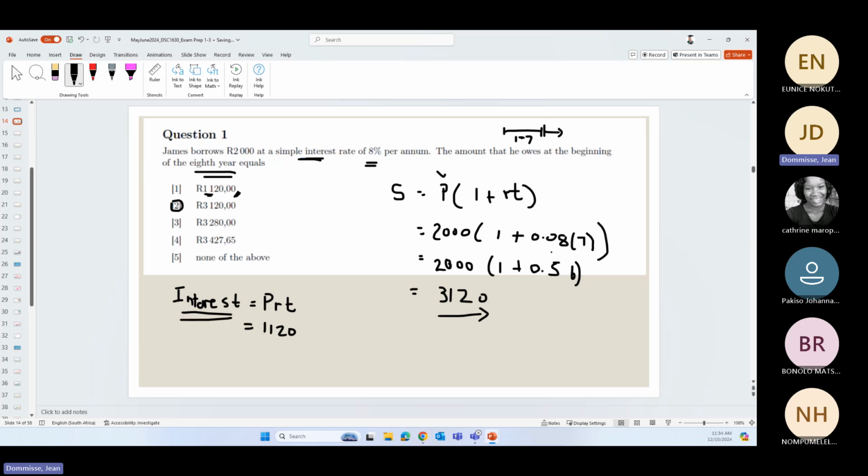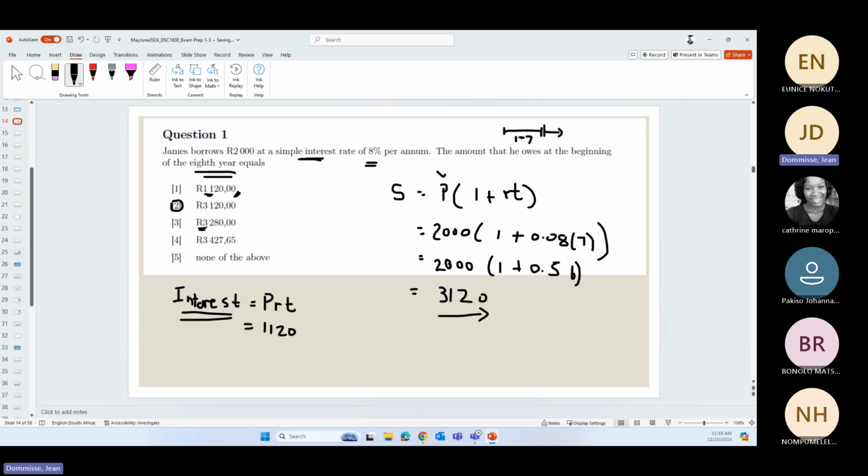So, let's quickly check. If you said 8 years instead of 7, you would have selected option 3. So there are nearly 2 other options that you could have gotten to, and you can very easily get to those 2 options.